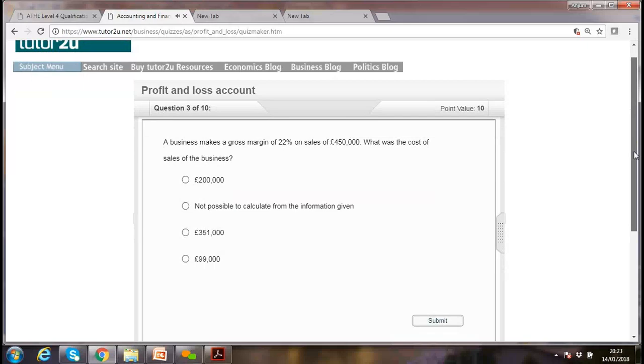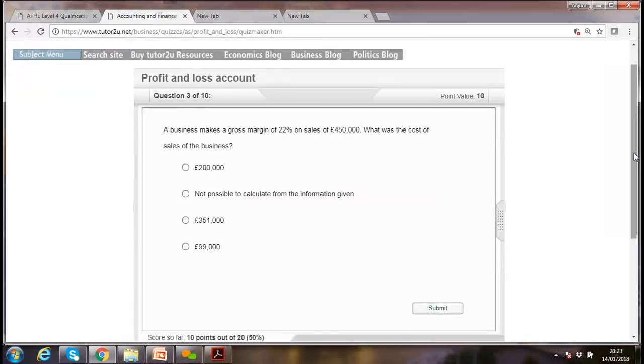So a business makes a gross profit margin which is 22%. Gross profit comes from sales less cost of sales. So my sales value is 450,000. So on my 22% I make the profit. What was my cost of sales? Because the rest will be my cost of sales, which is supposed to be 78%. 78% of 450,000, what will it be?